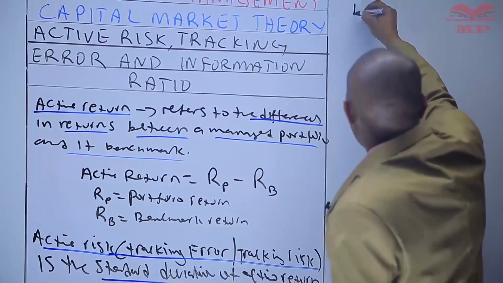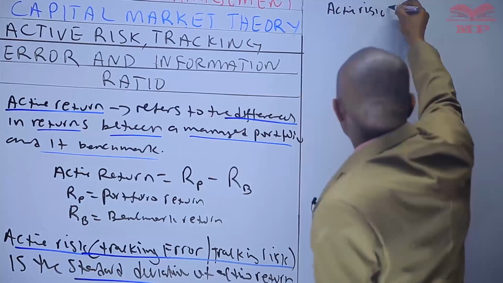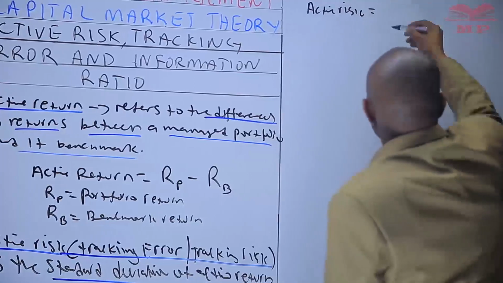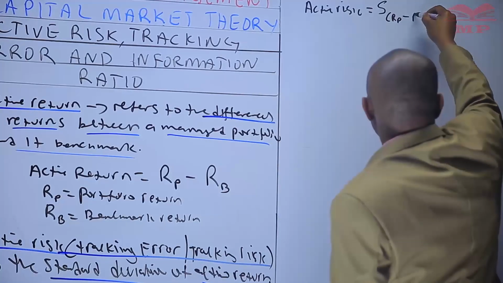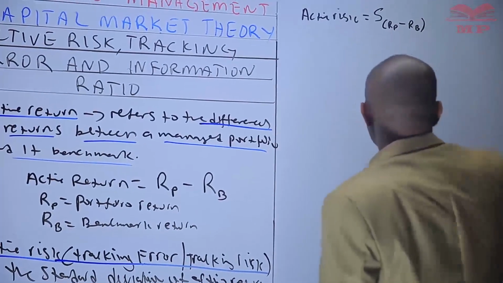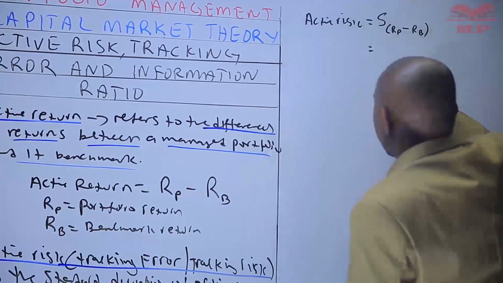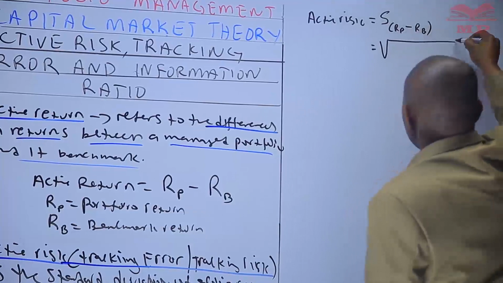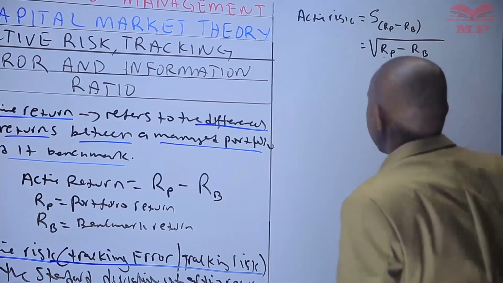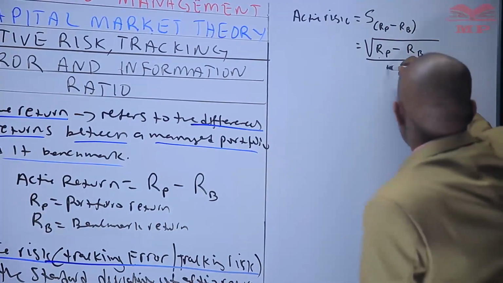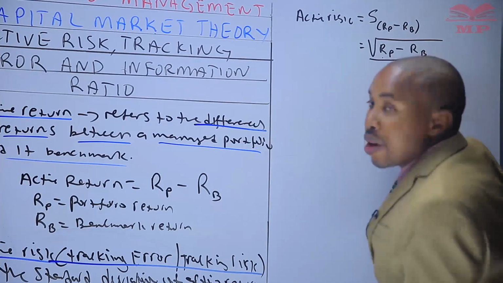Active risk is given as the standard deviation of return on the portfolio minus return on the benchmark, which can be expounded as the square root of the sum of return on the portfolio minus return on the benchmark, all squared, divided by n minus 1, where n is the number of periods.